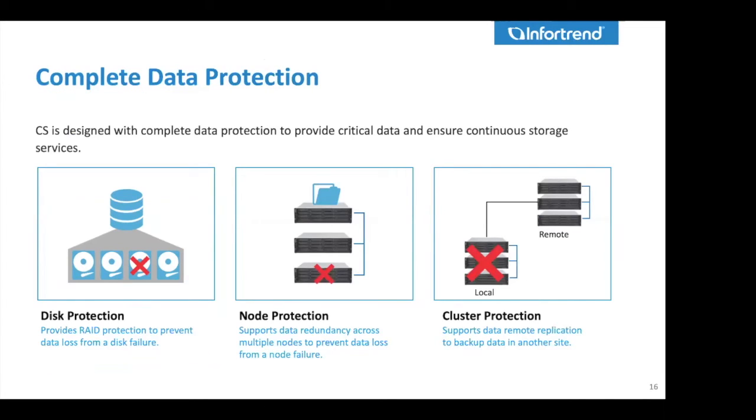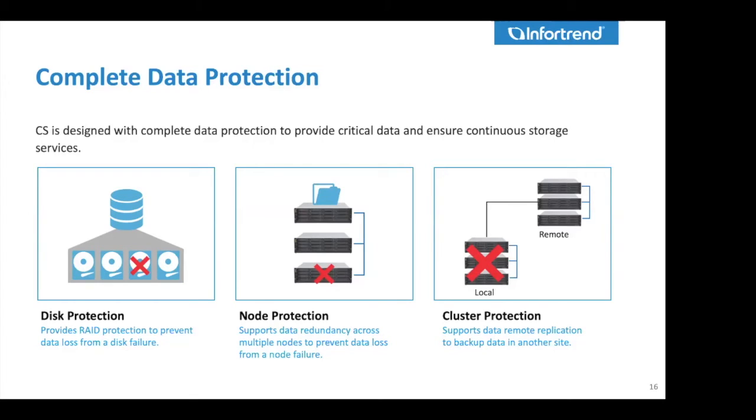In terms of other data protection features, we've obviously got the data protection for the disks. If you're running erasure coding, then we also have data protection for the nodes. So if you're running a 3+1 or a 4+2, you can either lose 1 or 2 nodes in your cluster before data becomes unavailable.